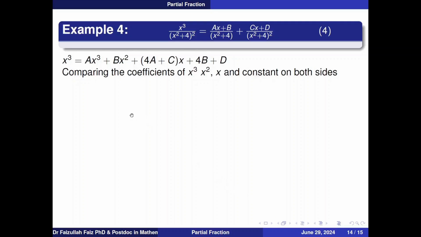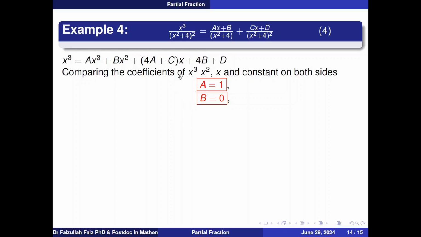We can see the coefficient of x cube on the right hand side is a, on the left hand side it is 1. So we write a is equal to 1 and we get the value of a. The coefficient of x square on the right hand side is b and on the left hand side it is 0, so we get the value of b here, which is 0.